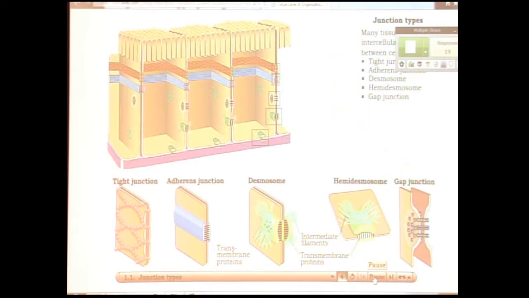We're going to look at gap junctions, adherens junctions, and tight junctions. And if you see from up here, these two cells are connected by all three of those. So it's not like you'd only find one in a cell. They could have all three.